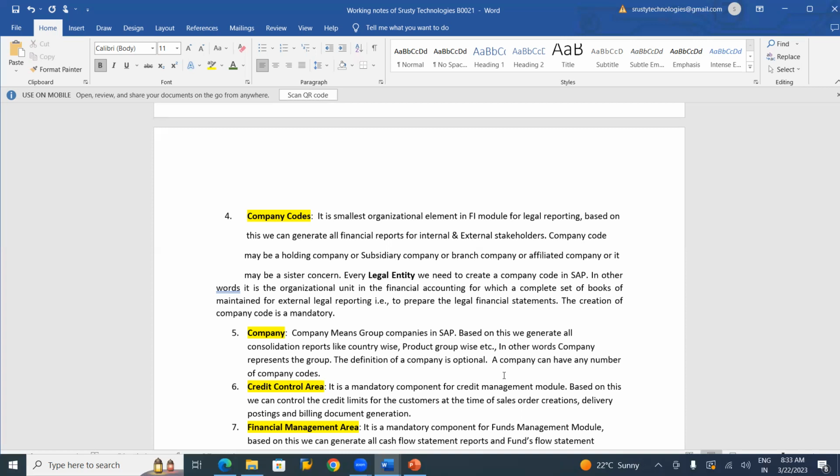Full stop. The creation of a company code is mandatory.